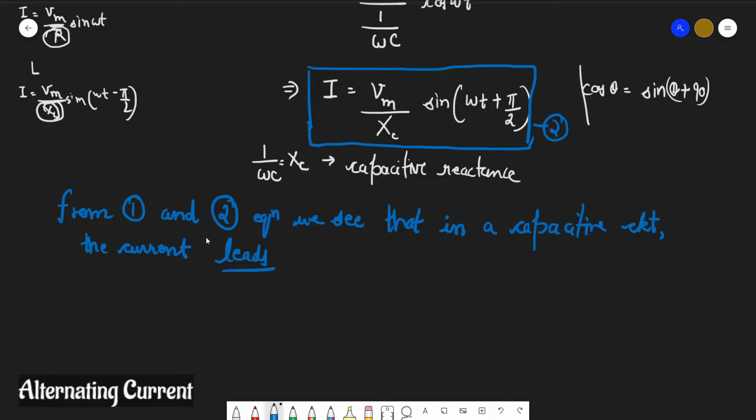In the inductive case, the current was lagging with respect to voltage, but here it is plus pi by 2, so the current is advanced with respect to the voltage. The current leads the voltage by an angle of 90 degrees or pi by 2 radians. So this is pretty clear from this expression.